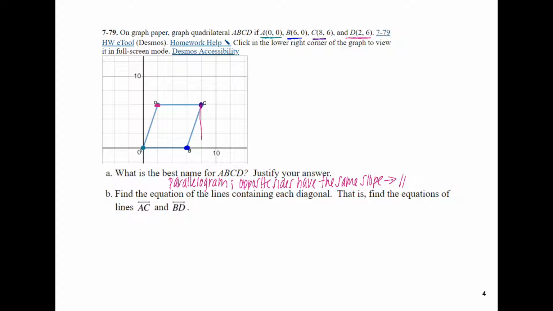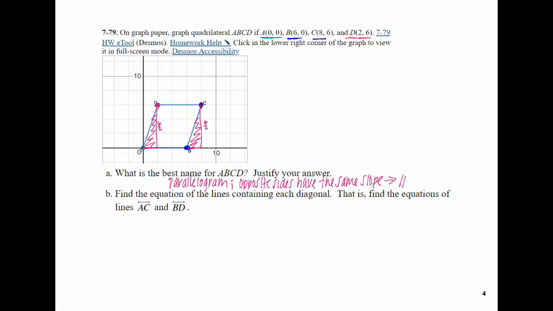You can look at your opposite sides by doing your slope triangles, and you can see that they rise 6, run 2, so 6 over 2, 6 over 2. If you look at your slope triangles, you can then see that line DC and line AB have a slope of 0, so those slopes are the same as well, which denotes parallel sides.